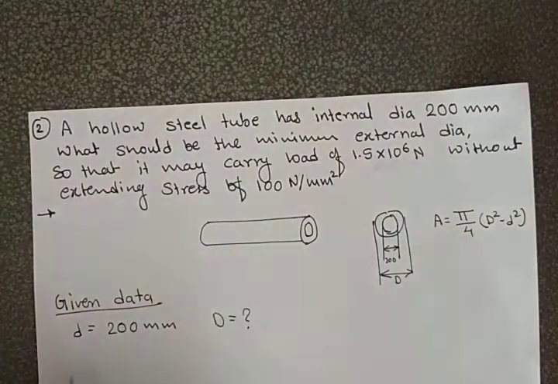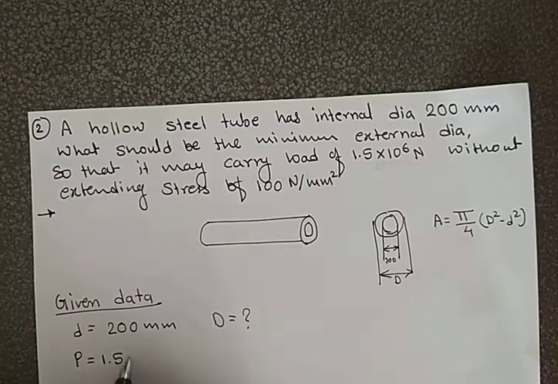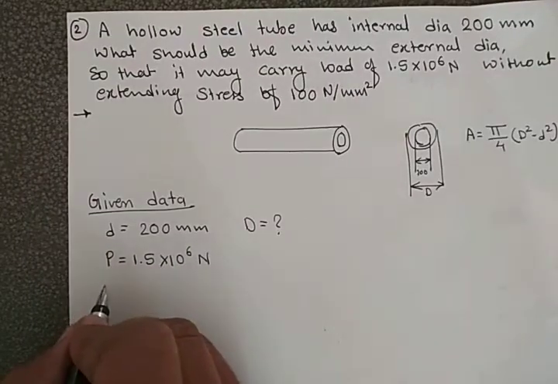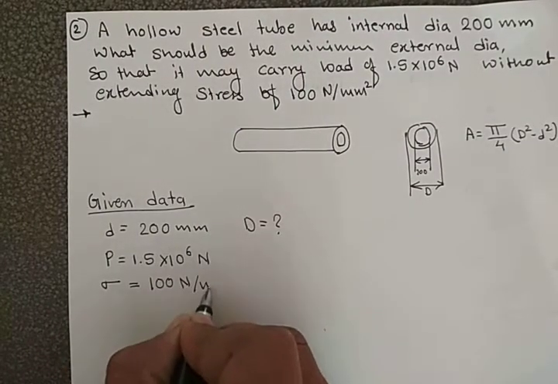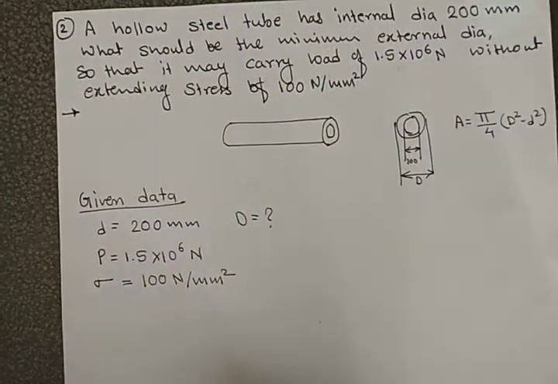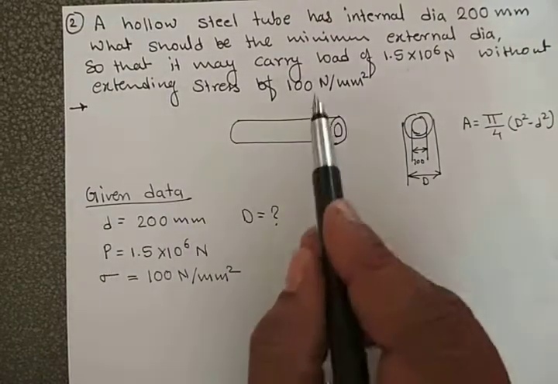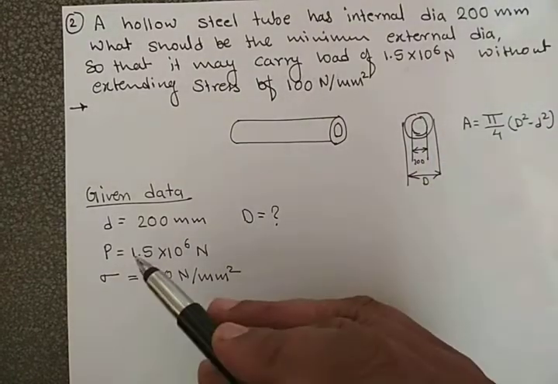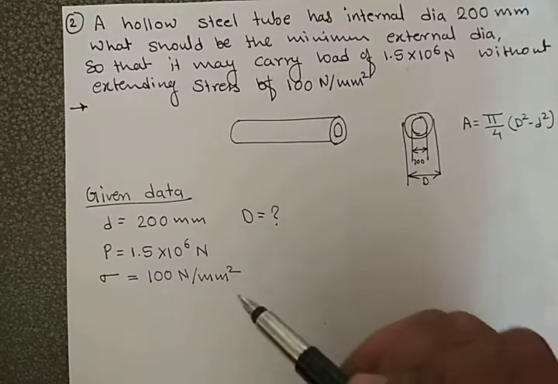P is the applied load, 1.5 into 10 raised to 6 Newton, and stress sigma is equal to 100 Newton per mm square. How to understand when they don't mention which is stress or load? By the unit. If it is N, then we can say it is load. If it is Newton per mm square, then we can say it is stress.